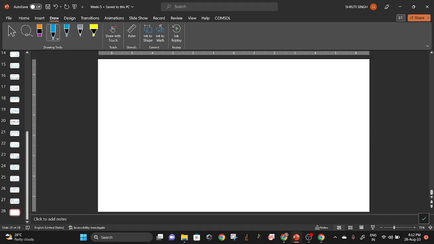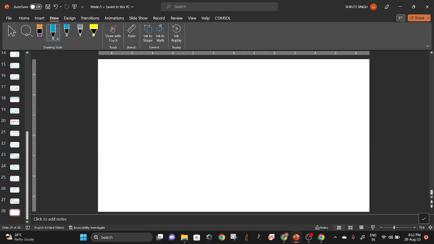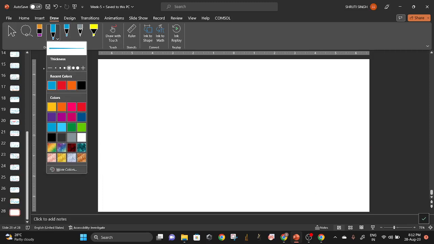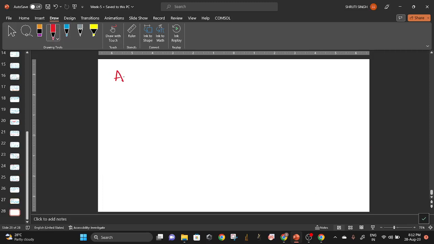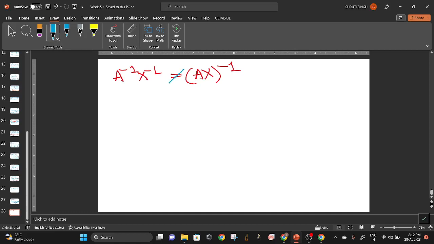The second statement is (AX) inverse is equal to A inverse X inverse, where A and X are elements of a group. This also we know by matrix multiplication. This is not true.